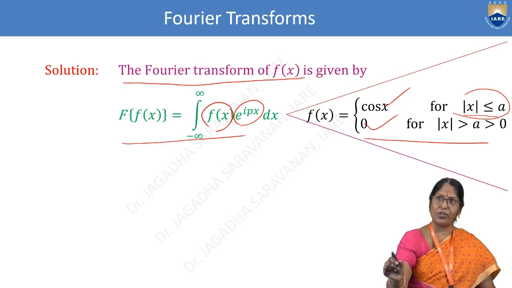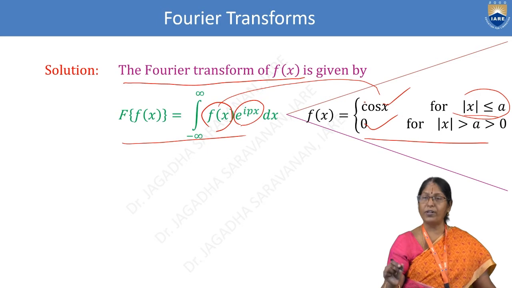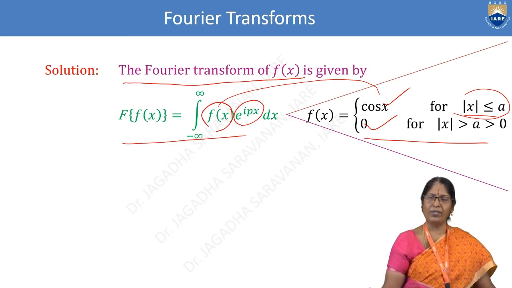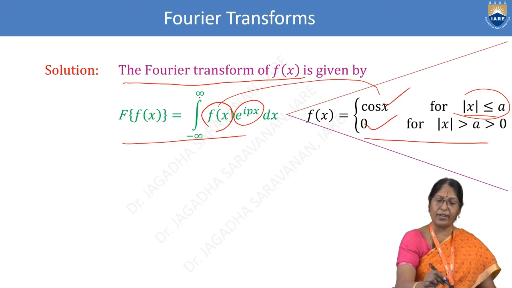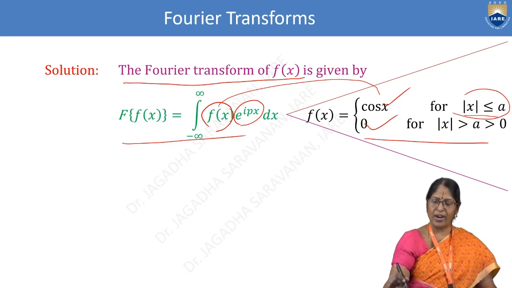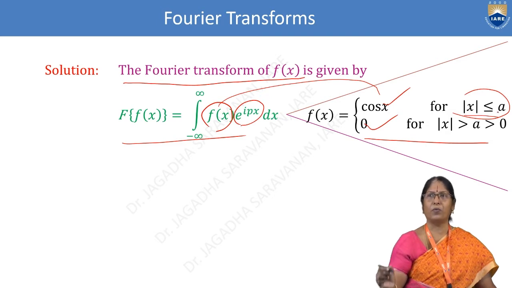If the condition were simply minus infinity to infinity, we could straight away replace f of x with cos x. But now it is not possible, because strictly the formula is valid for minus infinity to infinity only, whereas our problem function has mod x less than or equal to a.